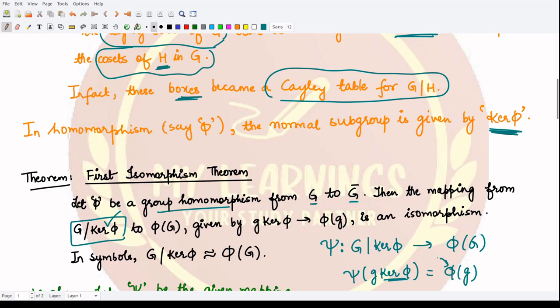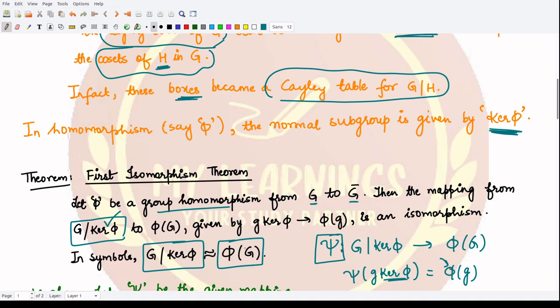We have to prove that this mapping psi is a homomorphism, and in fact that these two groups, the factor group generated by kernel phi and the homomorphic image of G under phi, are isomorphic to each other.